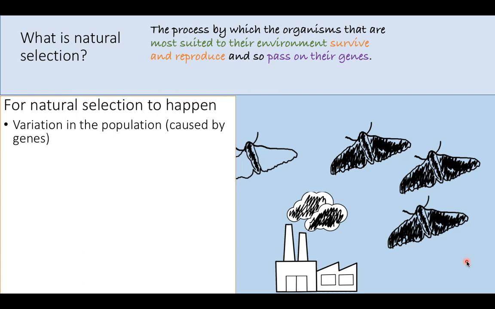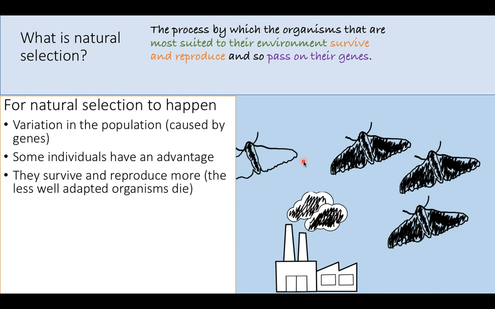Well, we need variation in the population. We need, for example, in this one, we've got both light and dark varieties. And some of that variety gives individuals in that population or in that species an advantage, makes them better at surviving. So they are able to reproduce more, and the less well-adapted organisms die.